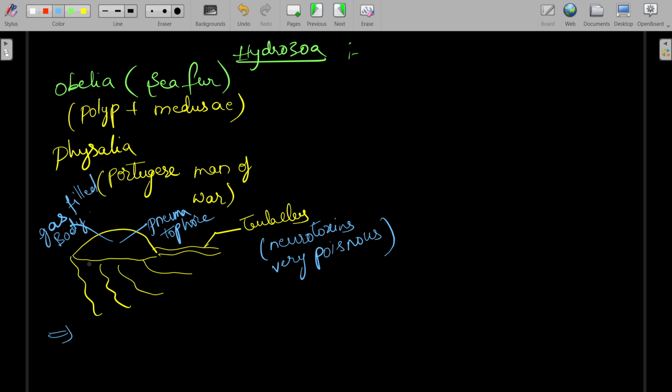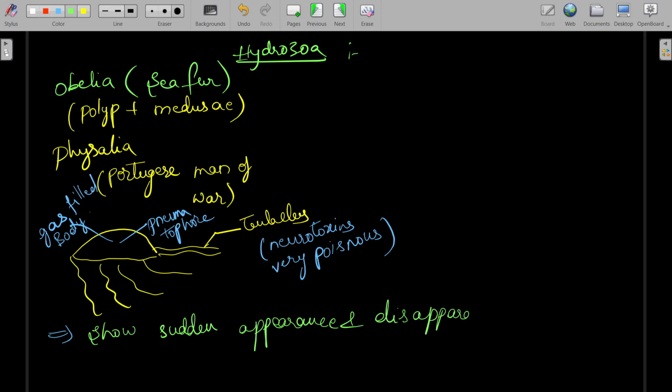This body which floats on water resembles the Portuguese warship, and because of that it is called Portuguese man of war. They show sudden appearance and disappearance on water.